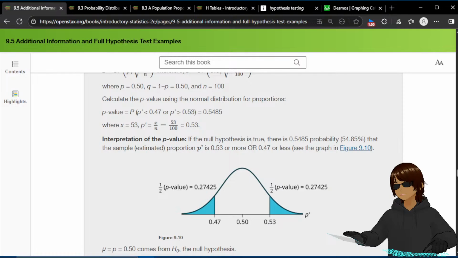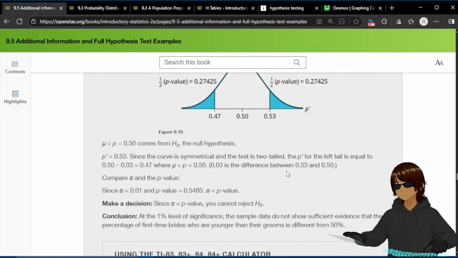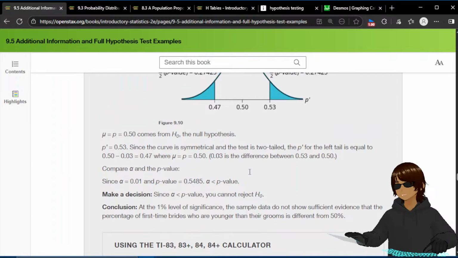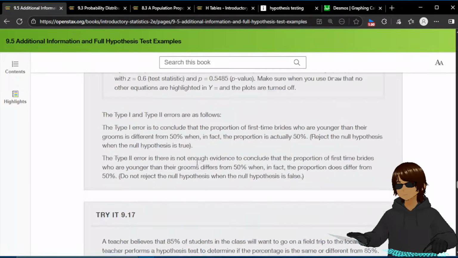The null hypothesis is true. There is a 0.5485 probability that the sample proportion P prime is 0.53 or more or 0.47 or less. You cannot reject the null hypothesis.